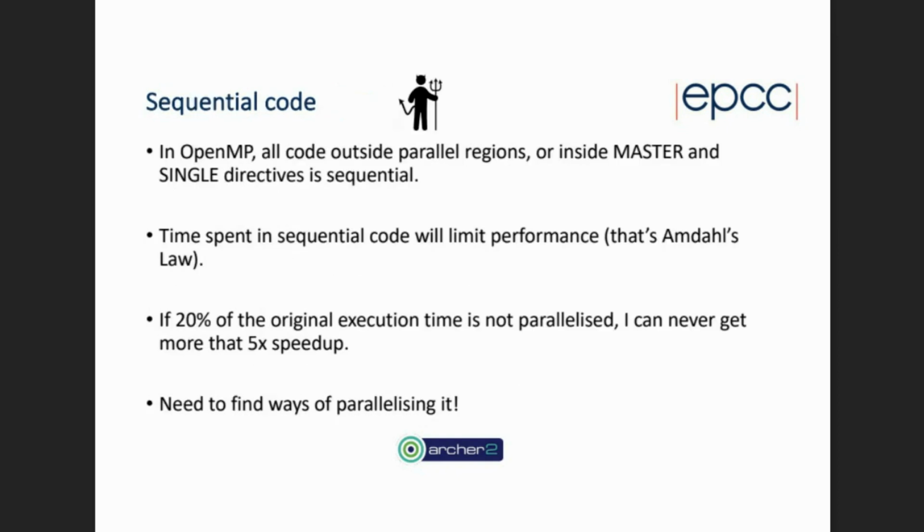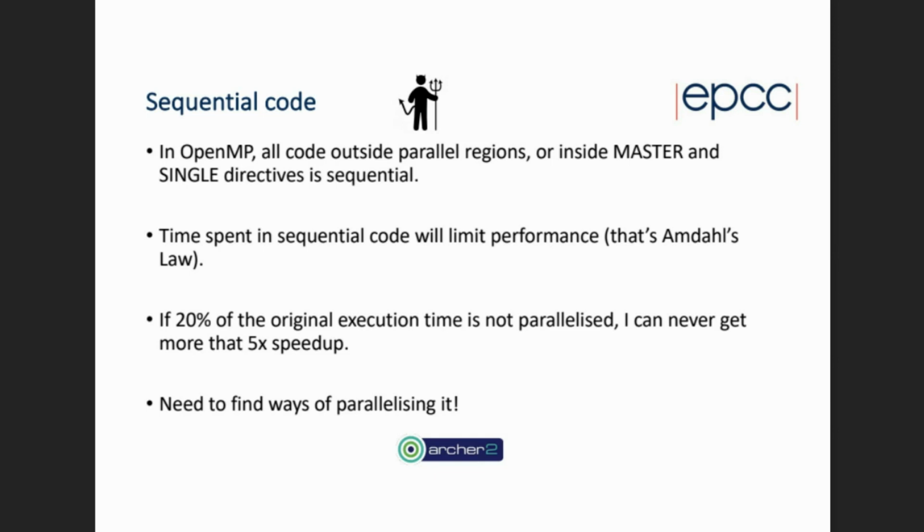First one is simple: sequential code. In OpenMP, code outside parallel regions or inside master or single directives is essentially sequential code, and the time spent in sequential code is going to limit your performance. So it's just simple Amdahl's law type arguments.